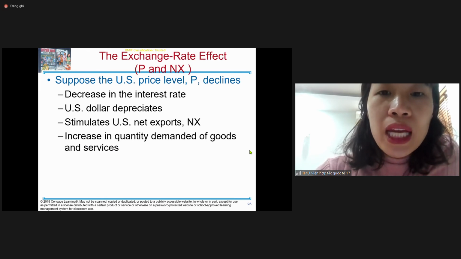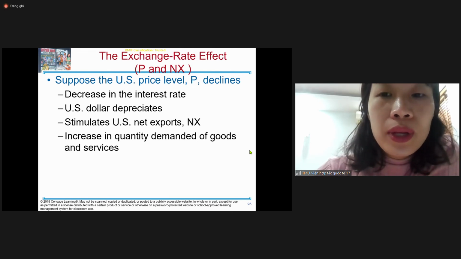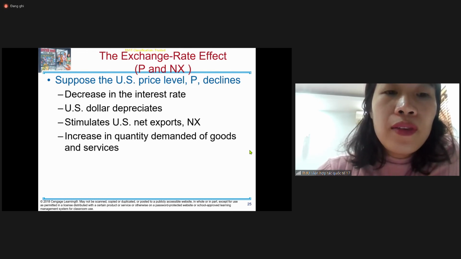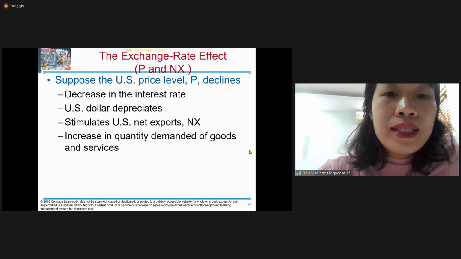And also the change in the price level will be also related to the change in net export. Okay, so suppose that the US price level, so the price level in the USA, decreased, then they will lead to a decrease in the interest rate, like we said before. Then the US dollar will depreciate, which means giảm giá, right?